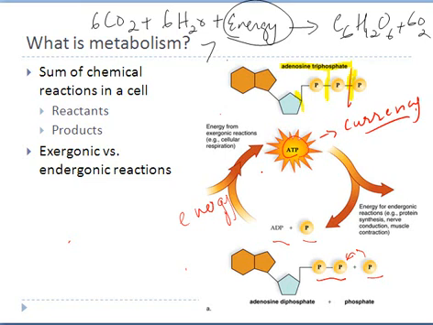So within the cell there is a constant breakdown and renewal, or makeup, of ATP. Anytime ATP is broken down, it is going to release energy which is going to help another process within the cell.